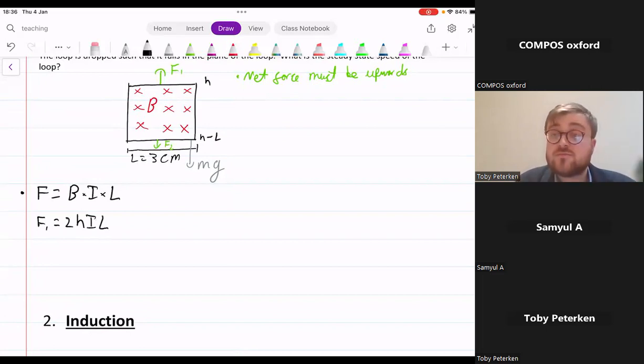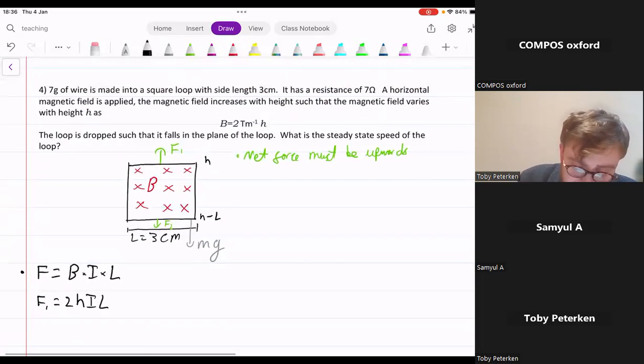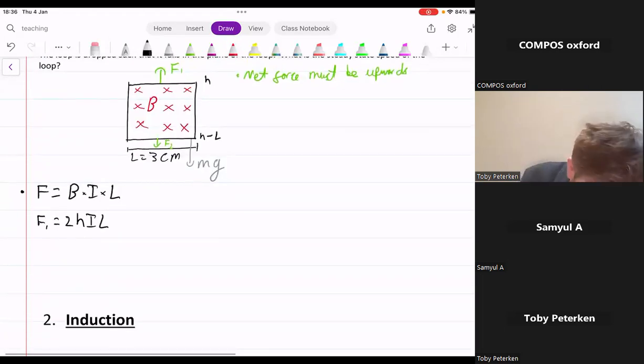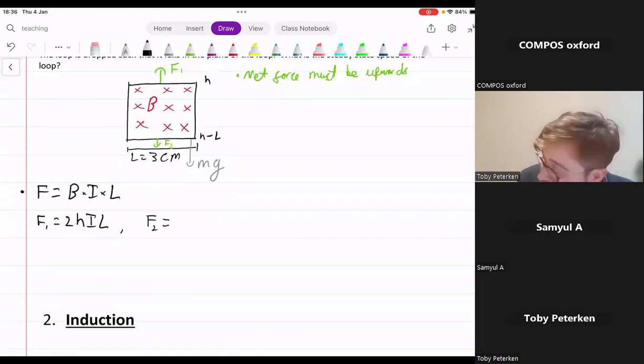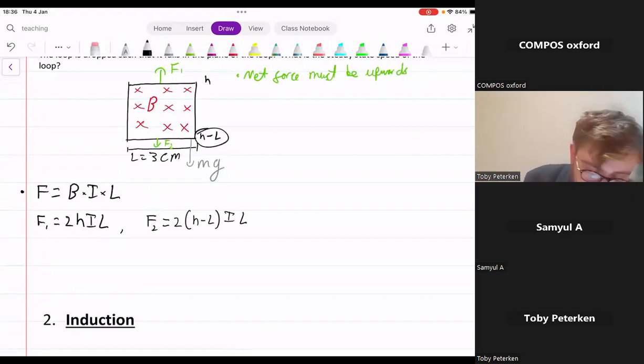I've just substituted in for the field strength. The field strength is 2 times h, remember? And F2 equals 2(h minus L)IL, just because the height here is different.